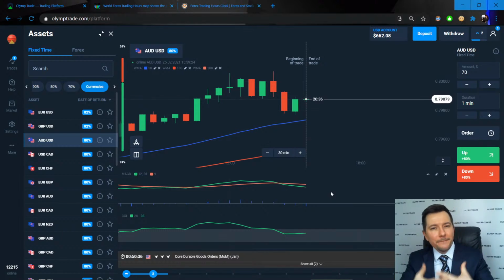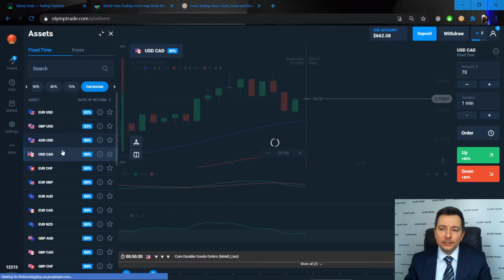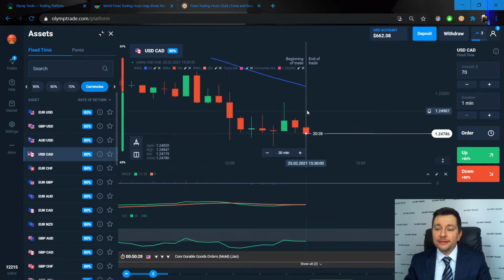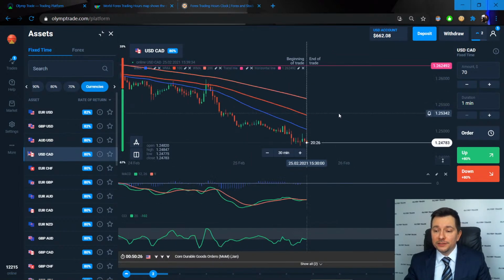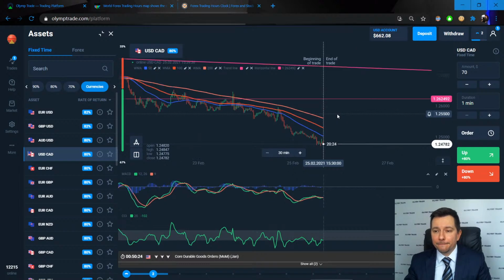That's what I mean by combining different signals from different parts of the market analysis. Let's go see if we can find an actual trade that confirms all of the things that we talked about.